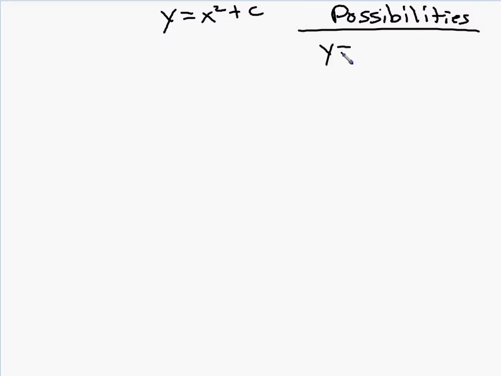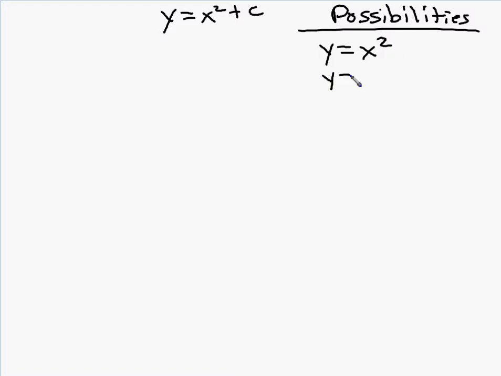They're going to take our solution, which was y equals x squared plus c. And let's think about it. Couldn't c be a whole bunch of things? Let's think of some possibilities. Couldn't it be y equals just x squared if c was 0?